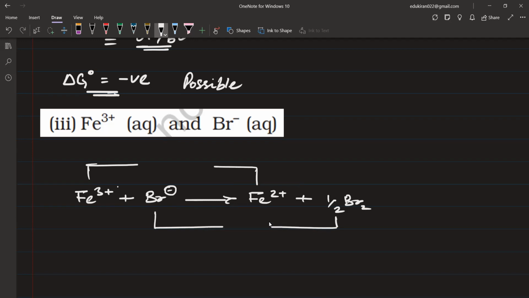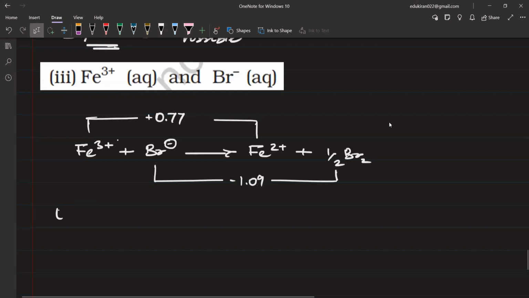Fe3 positive to Fe2 positive is going to give me how much? It was 0.77, right? Plus. And Br negative to half Br2, this will be how much? Minus 1.09, probably. Yes.